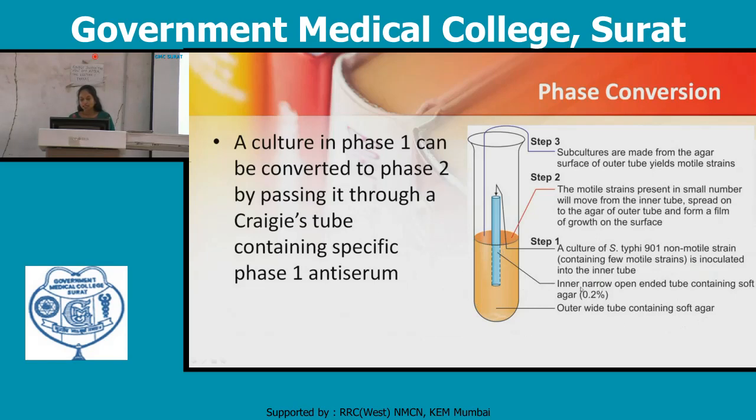A culture of S. typhi 901 non-motile strain containing a few motile strains is inoculated into the inner tube. In the second step, the motile strains present in small number move from the inner tube, spread on the agar of the outer tube and form a film of growth on the surface. In step 3, subcultures made from the agar on the surface of the outer tube yield motile strains.